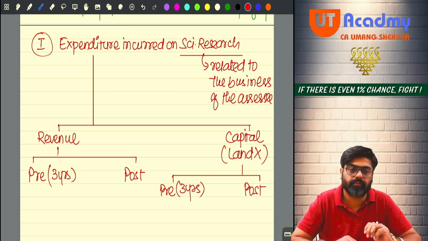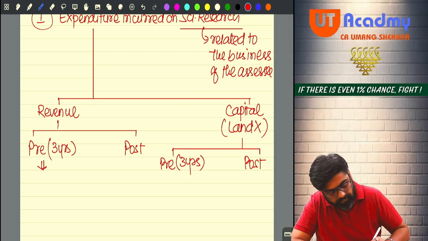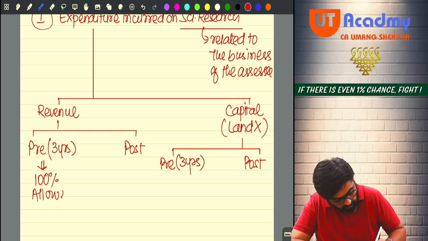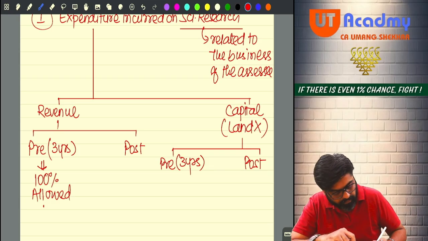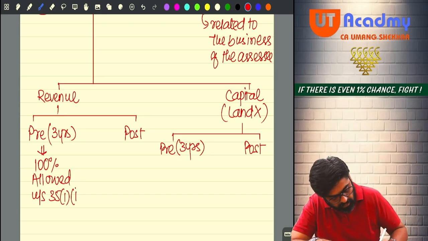Within 3 years. So any pre-commencement revenue expenditure will be allowed fully, 100% allowed, as per section 35 subsection 1 clause 1.